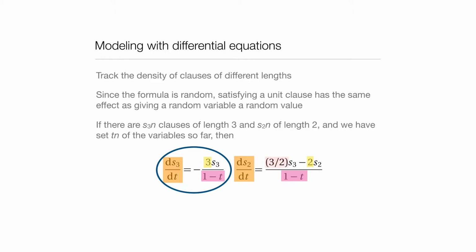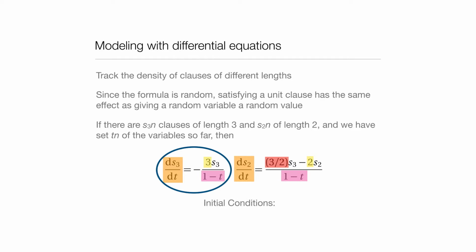But on top of that, half of these 3 variable clauses become 2 variable clauses when we set one of their variables. So we have this term 3/2 of the 3 variable clause density feeding into the 2 variable clauses. And so we have that 3/2 s3 on the top.